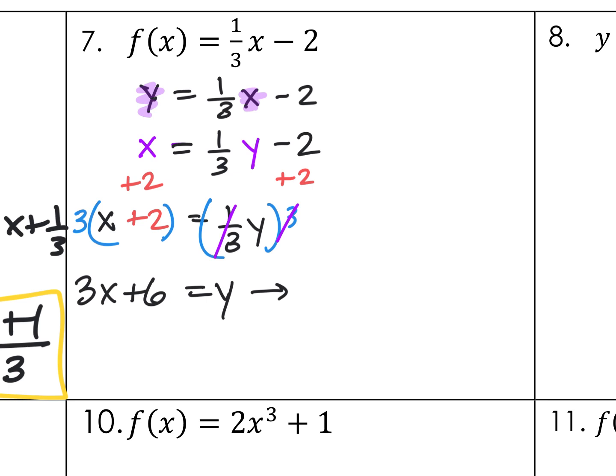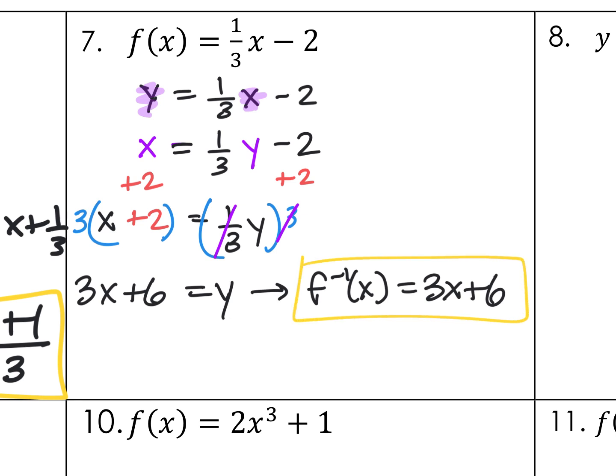They're inverses. Okay, and then I get f inverse of x is equal to 3x plus 6. Also a line. So lines have inverses that are lines, because if you reflect like we did yesterday, the reflection is not going to change the shape.